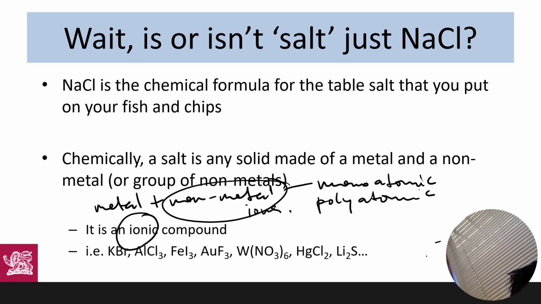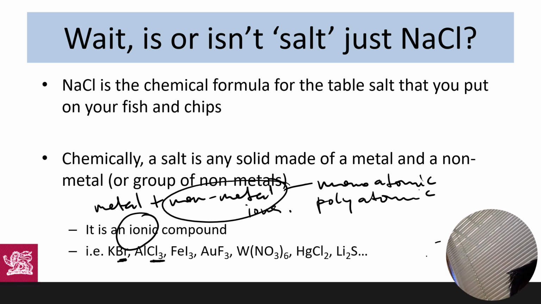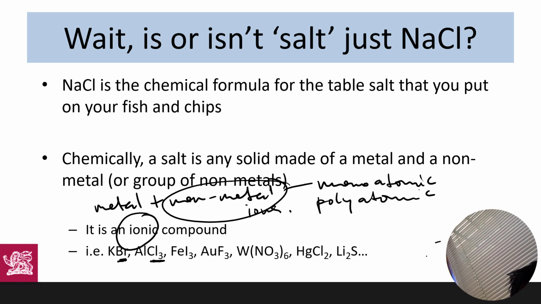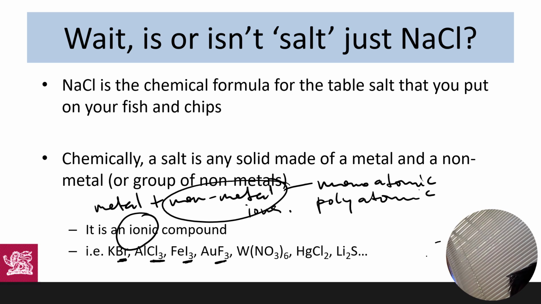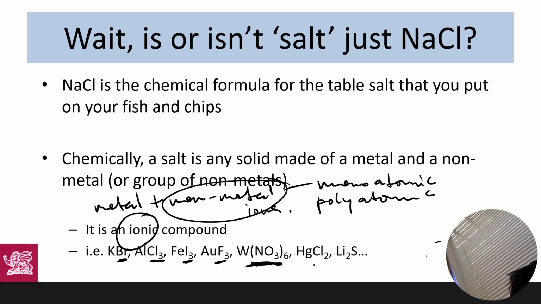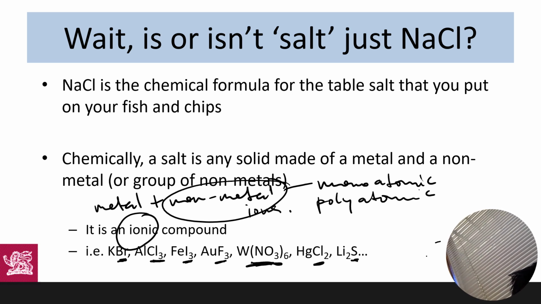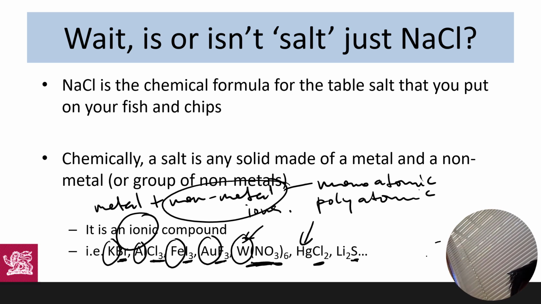So for example, we've got mono as in one type of atom, mono, poly, mono. But these are all metals: potassium, aluminium, iron, gold, tungsten, mercury, and lithium.